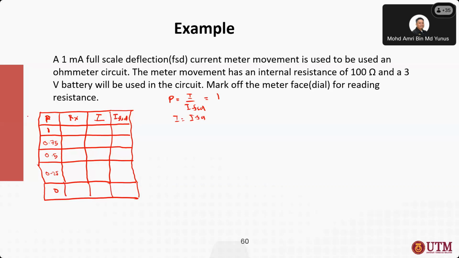So the equivalent deflection percent, this is equivalent to 100%, 75%, 50%, 25%, or 0% of deflection.